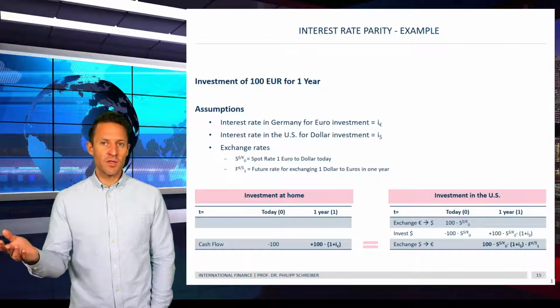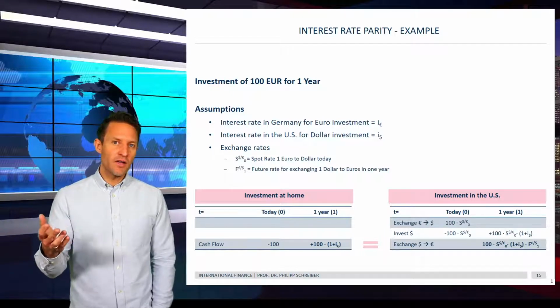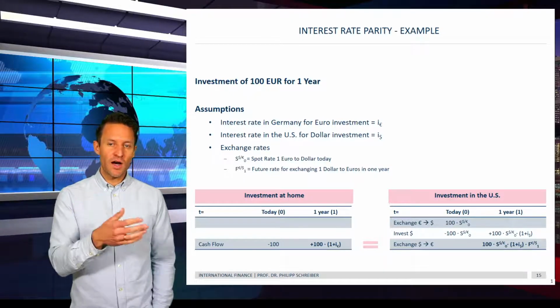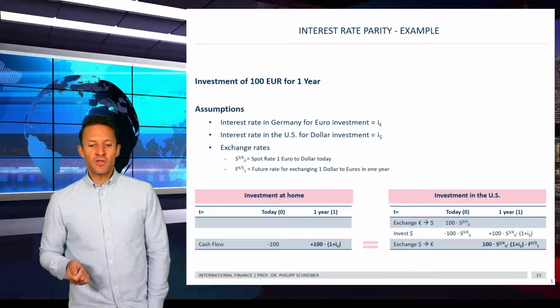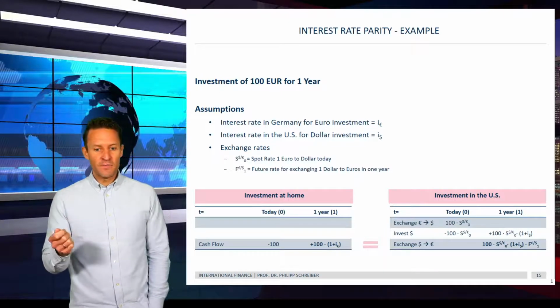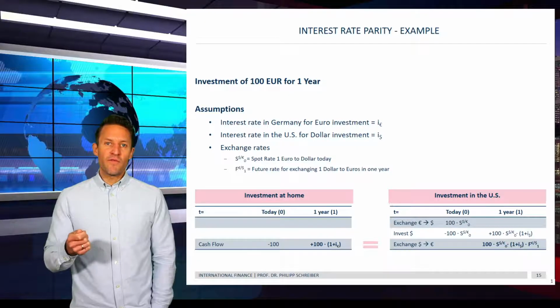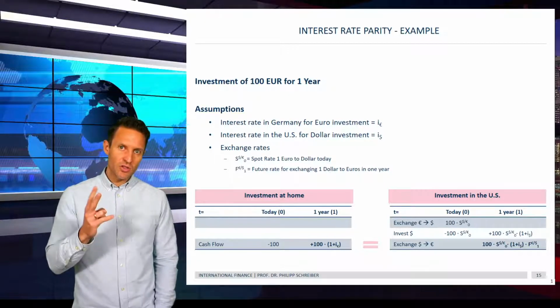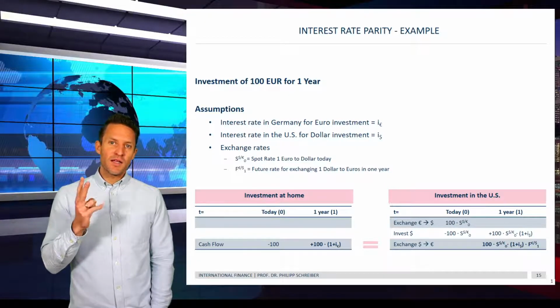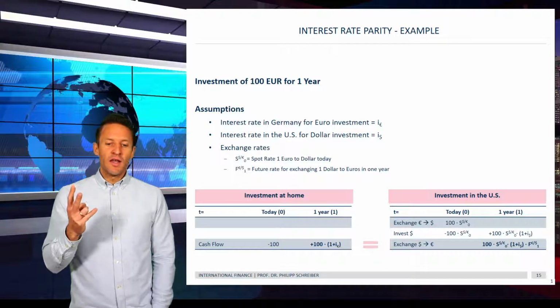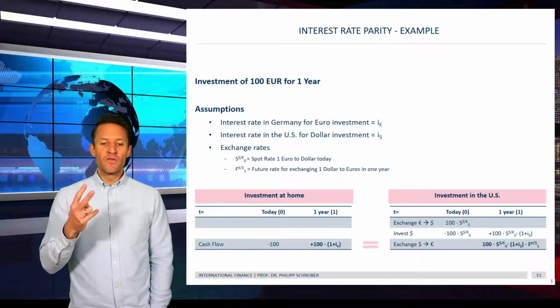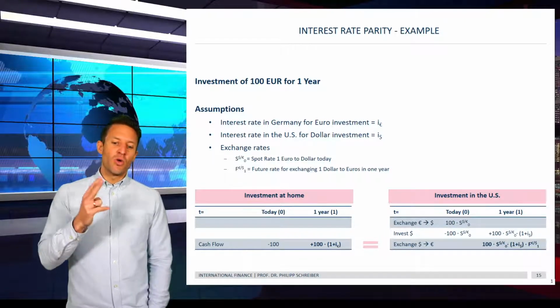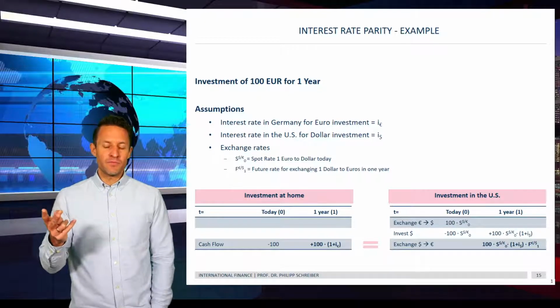For a euro investment, we get an interest rate of I. We use I for interest rate, I interest as short. The interest rate in the US is I dollar. And the exchange rate, we have a spot rate. That's the exchange rate for which we can exchange euros and dollars today. And we have a forward rate or a future rate for exchanging $1 to euro in 1 year.